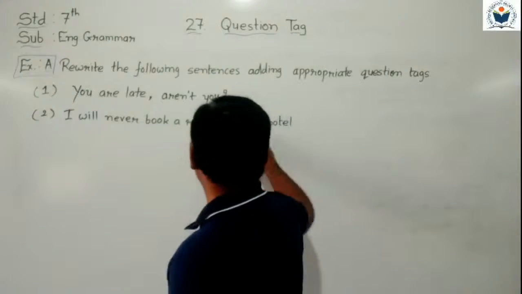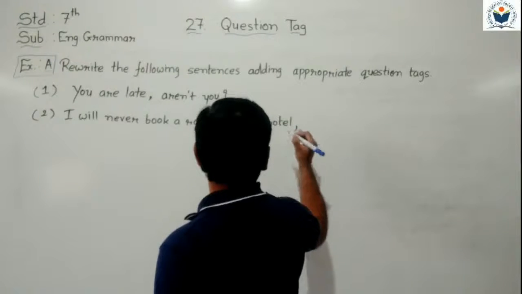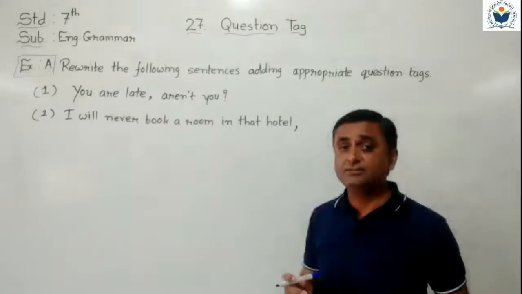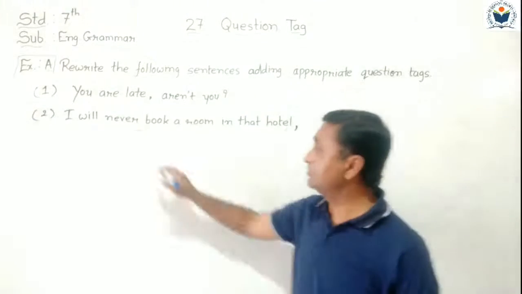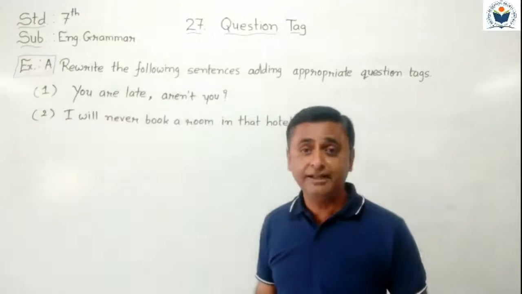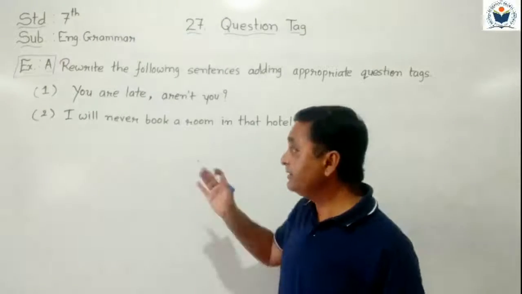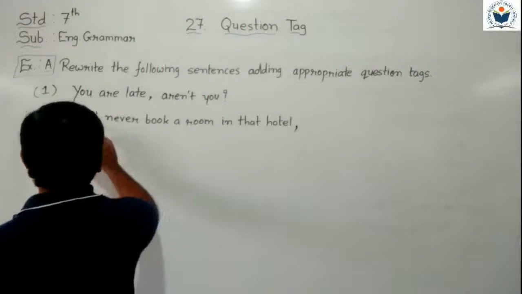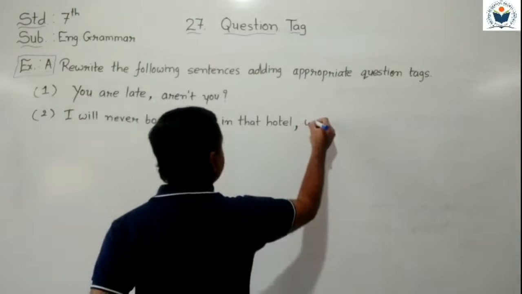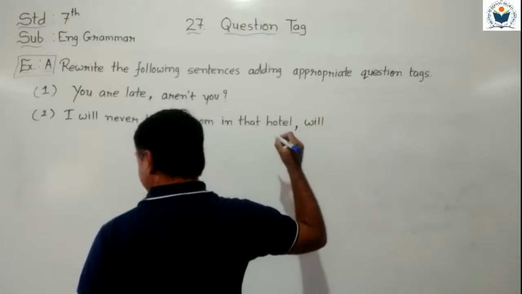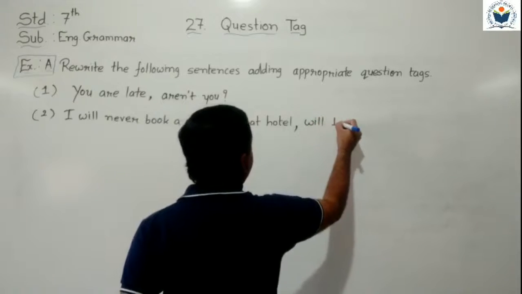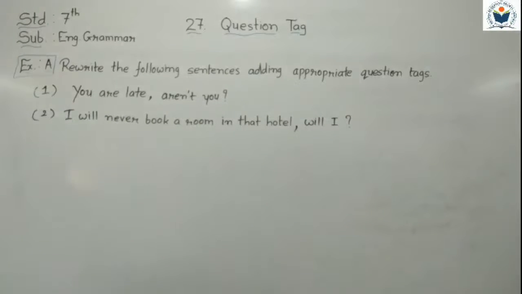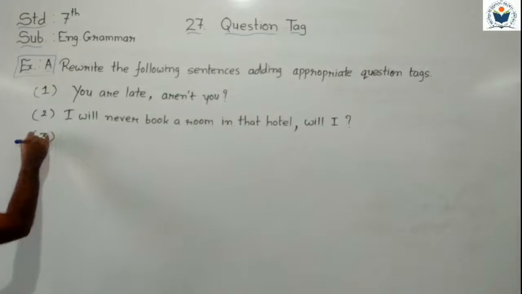You have to complete all the sentence till here. After that you have to put a comma. Is the sentence given in a positive or negative sense? It is given in a negative sense because never is used here. Never means negative form, so we have to put a positive question tag here. So what do we have to put here? We have to put will, then the pronoun I. So it is complete. Okay.